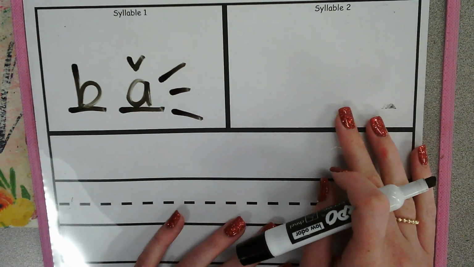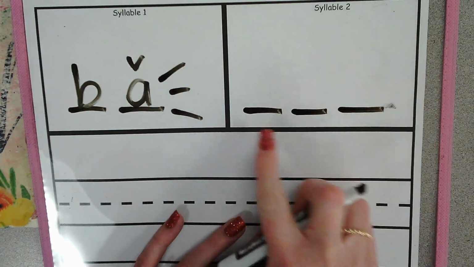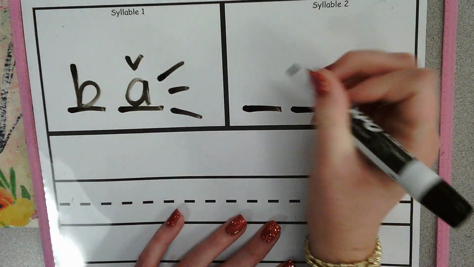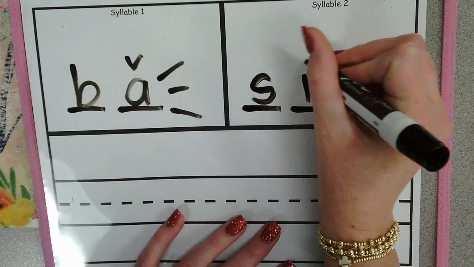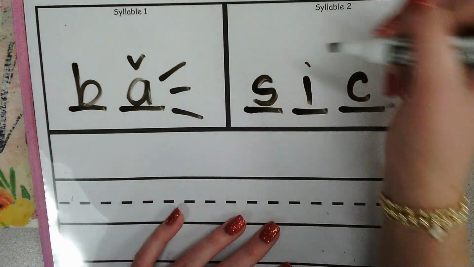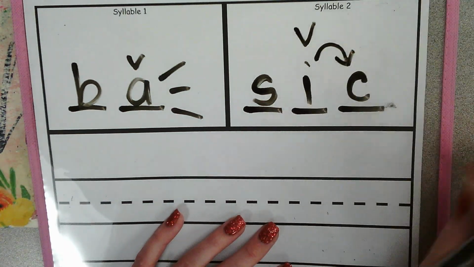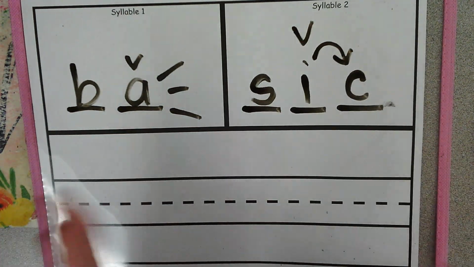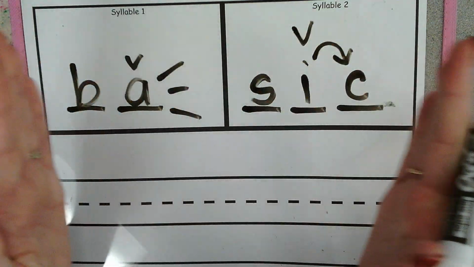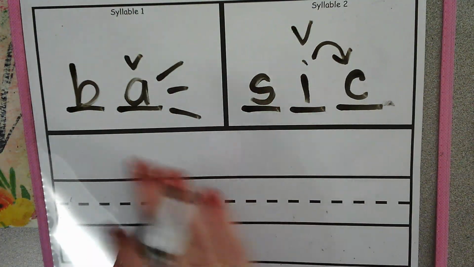The second word part in basic is sick. Sick. Okay. My vowel in the second word part is the I. The I does have a consonant after it, so it's making its short sound. It can't say its long sound because it's closed in, so it's saying its short sound.